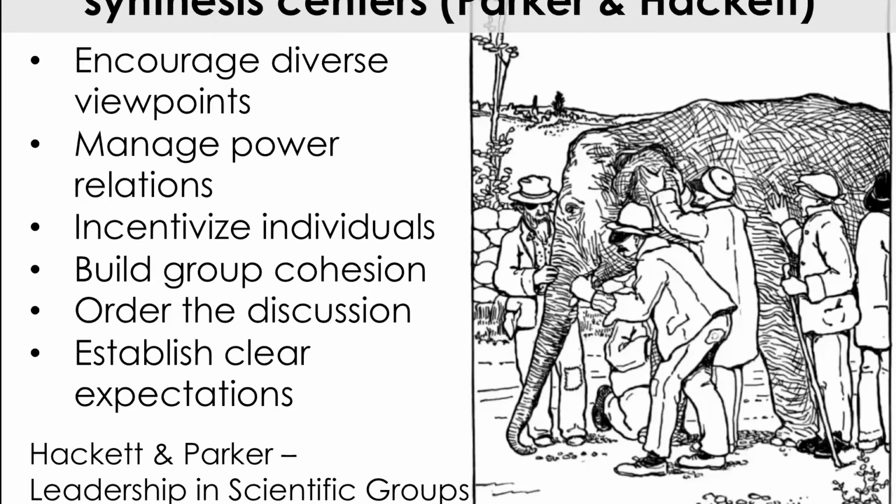Managing power relations is not just about thinking about some of the early career researchers and making sure that they're protected and nurtured in these groups. It's also about recognizing some of the biases that we have that we didn't even know about.